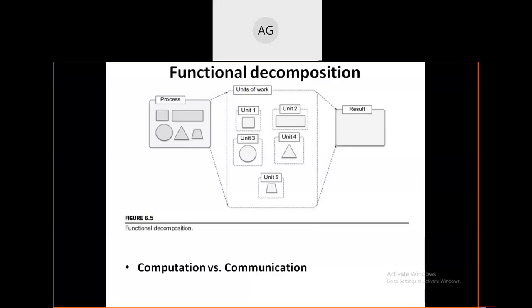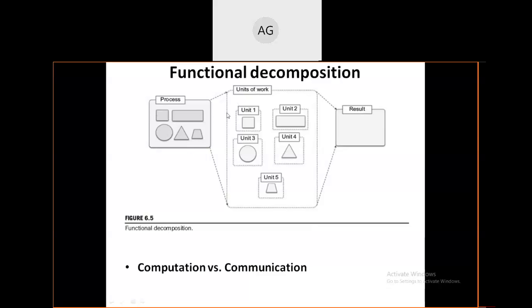Suppose in this diagram we are using n number of units of work. In that process we are using combinations of squares, rectangles, and different shapes.